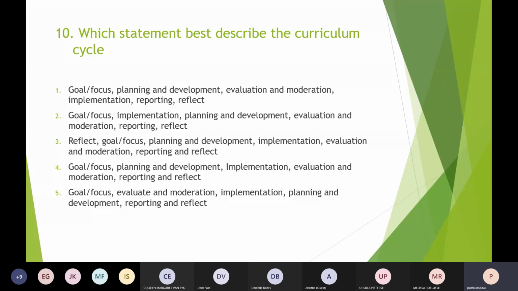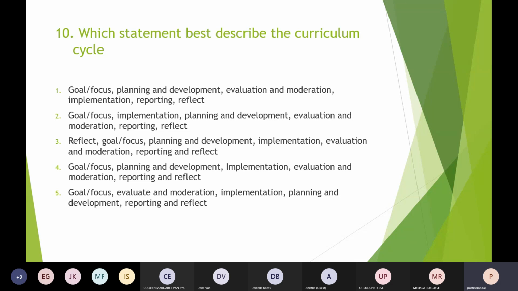Do you think it's number 1, where you have the goal first, you plan and develop it, you evaluate and moderate it, you implement it, report on it, and reflect on your findings? Or is it number 2, you have a specific goal in mind, then you plan, then you implement it, you do your planning and development on it, you evaluate and moderate if the curriculum is working, you report on your findings and you reflect?